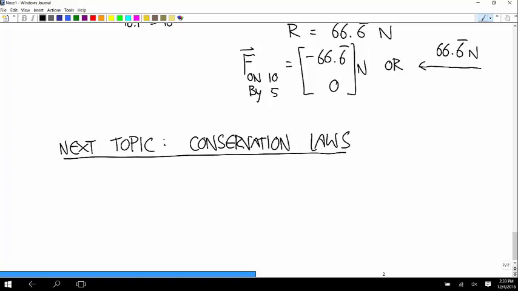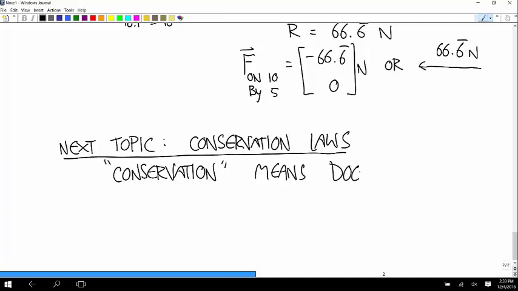And conservation in science means values that don't change over time. So for example, conservation of energy means the total amount of energy in the universe is the same at one time as it is at a later time.